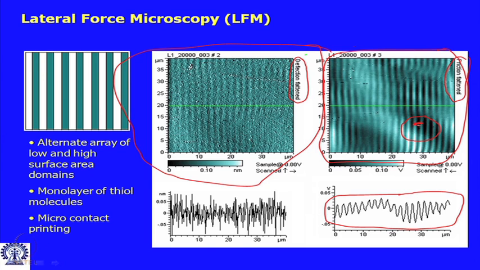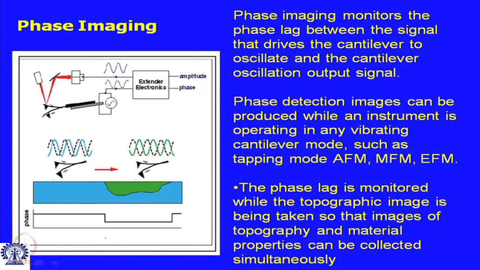The black one offers more resistance for the tip to move on, or it has a higher level of friction, that you can tell. But you must have some physical idea about what happens after you coat this surface with a SAM layer and how the friction gets altered. So, this is an application of lateral force microscopy. An exact equivalent of lateral force microscopy in intermediate contact or tapping mode is phase imaging, which monitors the phase lag between the signal that drives the cantilever.